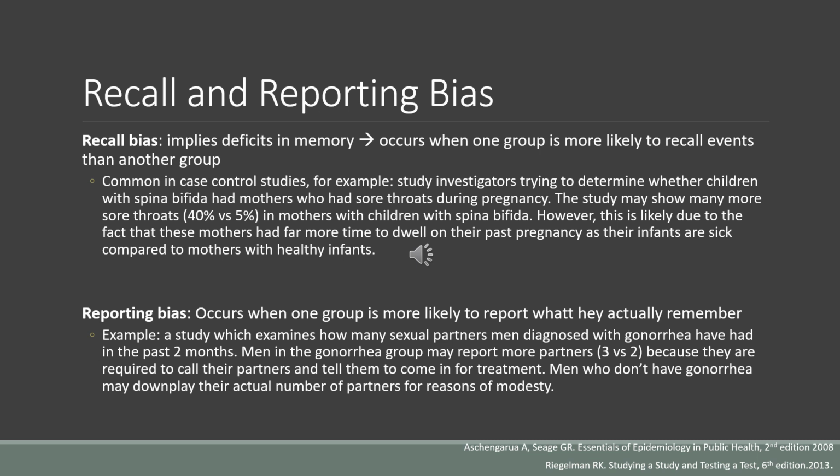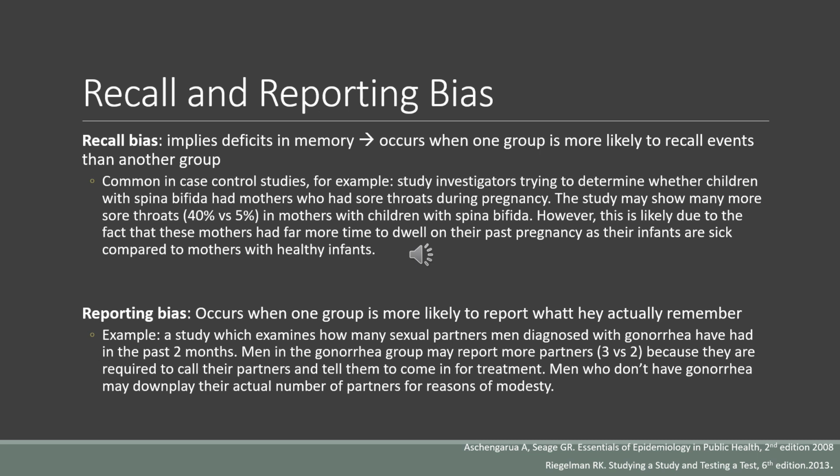The first two types of information biases we'll look at come from patient outcome data, when patients themselves tell us the outcomes. Recall bias implies deficits in memory, and it occurs when one group is more likely to recall events than another group. So this is very common in case control studies. For example, if study investigators are trying to determine whether children with spina bifida had mothers who had sore throats during pregnancy, the study may show many more sore throats, 40% versus 5%, in mothers with children with spina bifida.